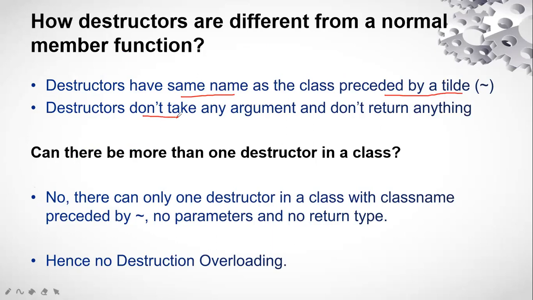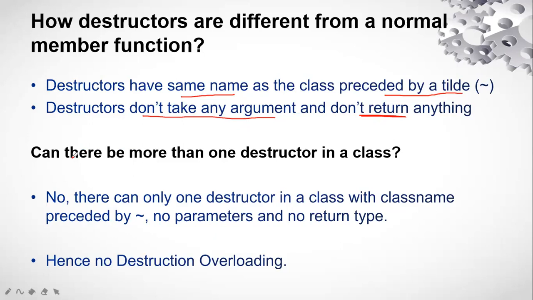Destructors do not take any argument, and they do not have any return type. While in normal member functions, we define either void or a return type, and we may or may not give arguments. While in destructors, no arguments and no return type.